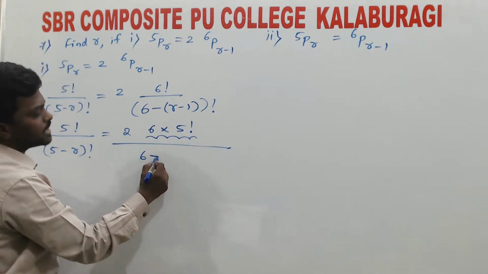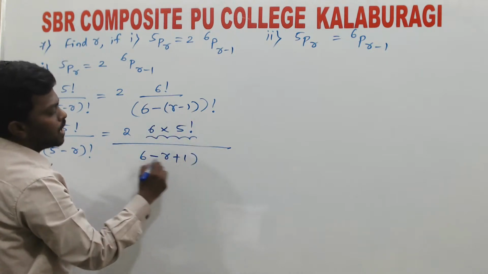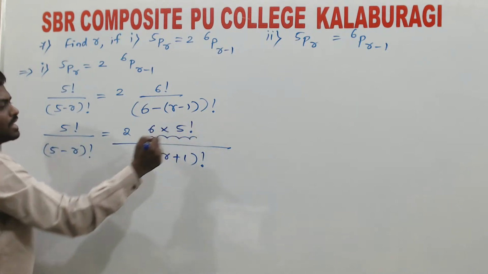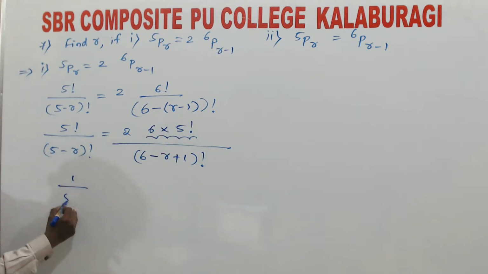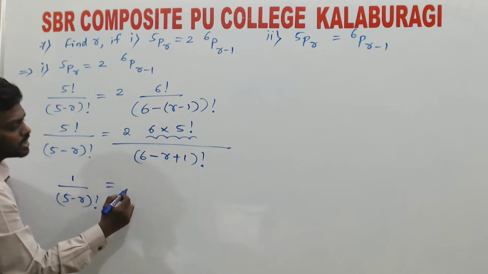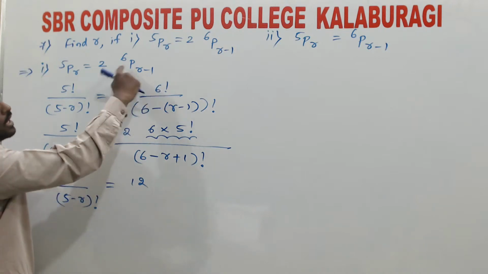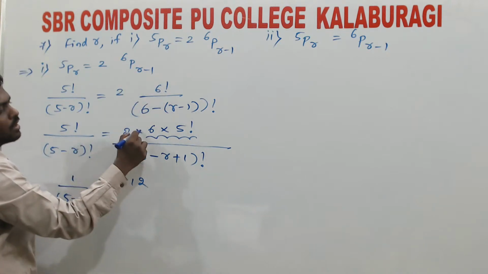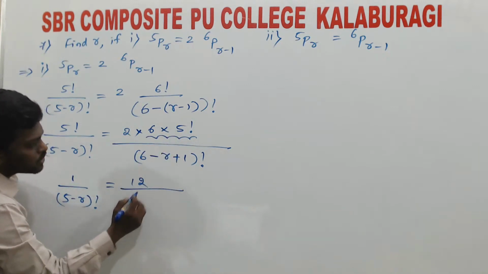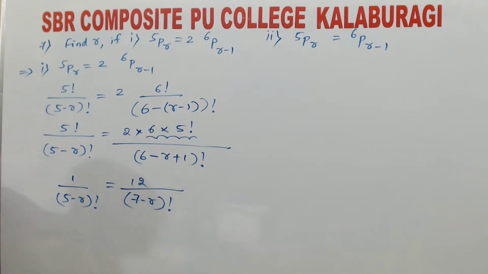So divided by (6 minus r plus 1) factorial, and 5 factorial and 5 factorial get cancelled. So 1 by (5 minus r) factorial. So 2 into 6 is 12, because this is twice the 6P(r minus 1). So 12, 5 factorial is cancelled. So 6 plus 1, 7, (7 minus r) whole factorial.